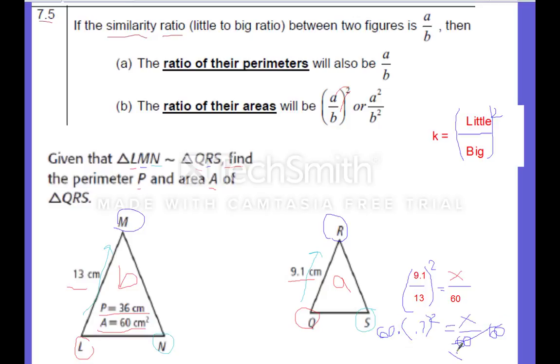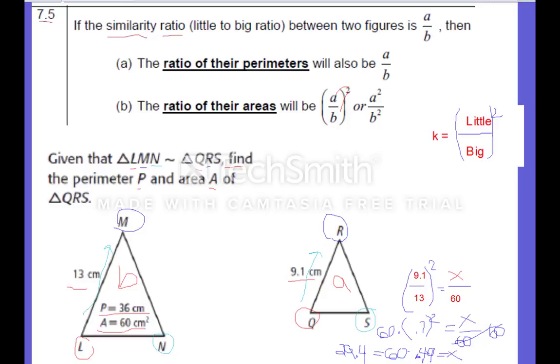So now I have x equals 0.49 times 60, and that equals 29.4.